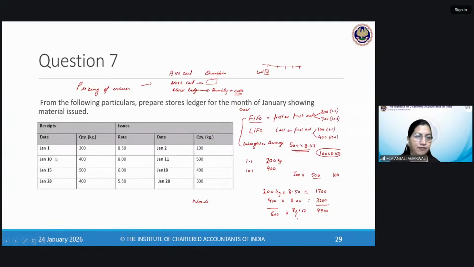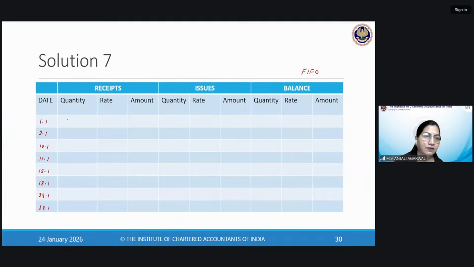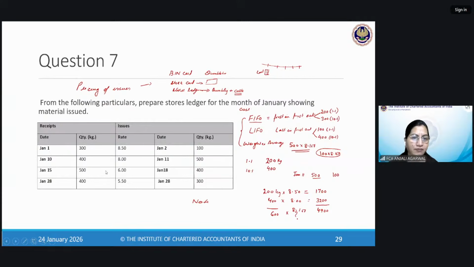First 10, 15, 28, 2, 11, 18, 28. Receipts: 300, 400, 500, and once again 400.